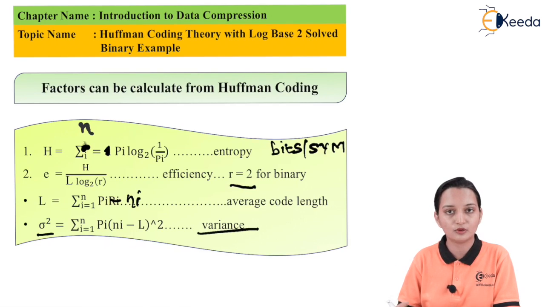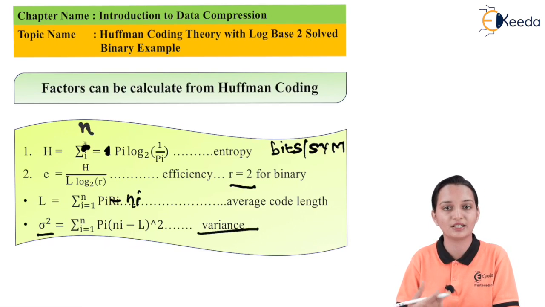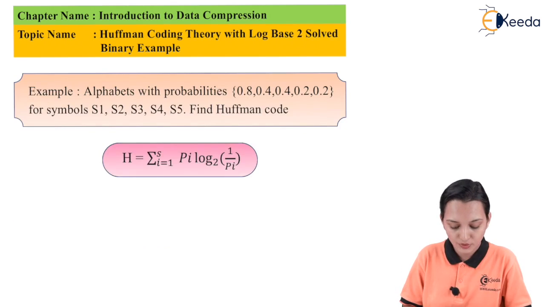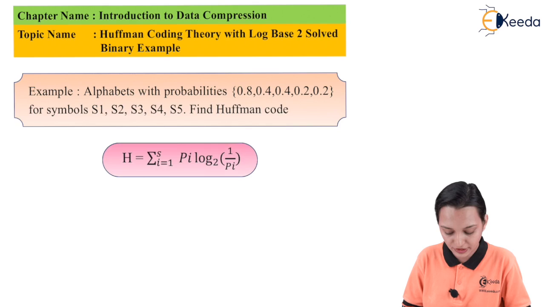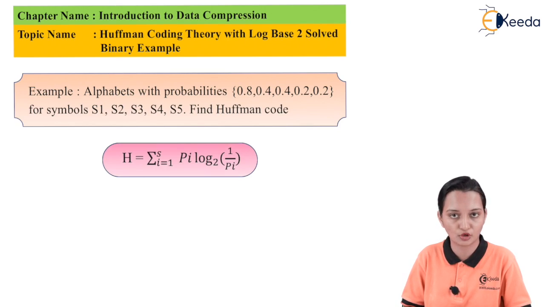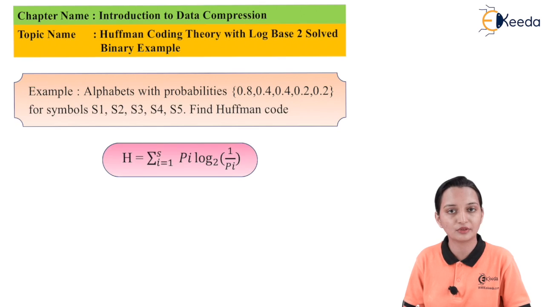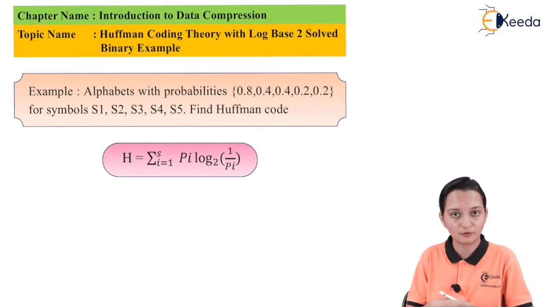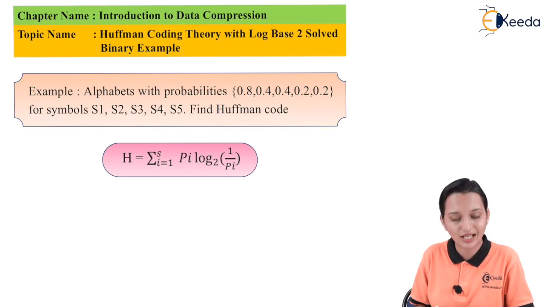Let us have a look at how to calculate it so that you can easily understand the steps. The example is an alphabet with probabilities which we have already calculated: 0.8, 0.4, 0.4, 0.2, 0.2. For all the symbols from S1 to S5 we have to calculate the Huffman code and the factors. We have already calculated the Huffman code. Now we are interested in calculating the factors on the Huffman code.